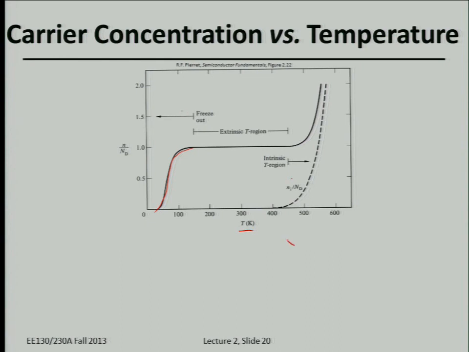This phenomenon is called freeze out. It's so cold that the electrons don't even have enough energy to escape from the donor, so the donor doesn't become ionized, and the concentration of electrons available for conduction just drops with temperature. Around room temperature and even a few hundred degrees above, every donor donates an electron.